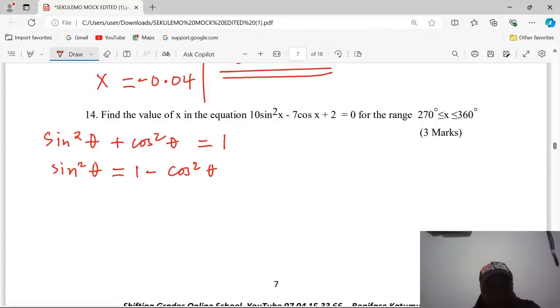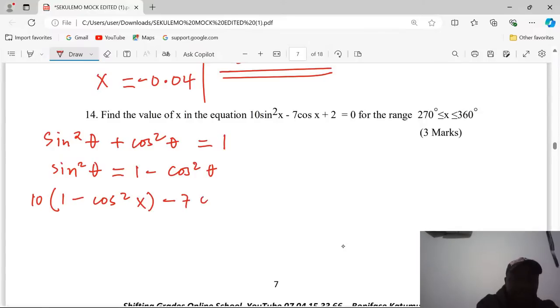With that arrangement, we can apply it in the first part so that we have 10. Instead of sine squared of x, we use 1 minus the cosine squared of x. Then minus 7 cosine of x, plus 2 equals 0.